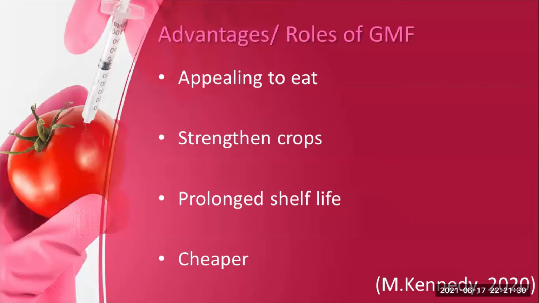Again, the tomato, the Flavr Savr, where the gene for making them squashy was rendered inactive, hence giving them a longer shelf life. And making them cheaper is also an advantage, because if they have a longer shelf life, they can be transported to various places, increasing the market that these crops can be sold in.